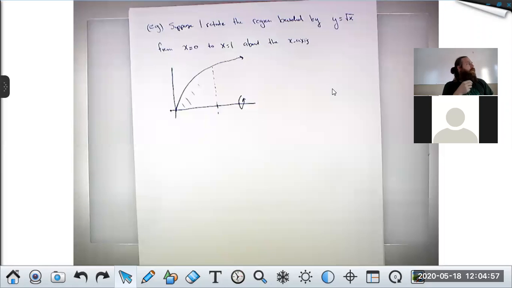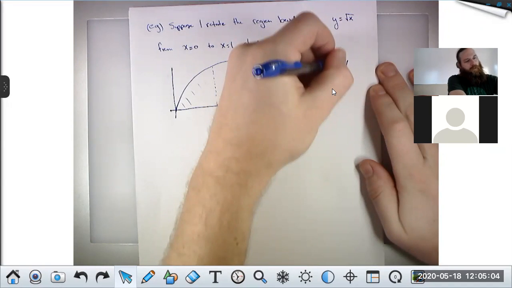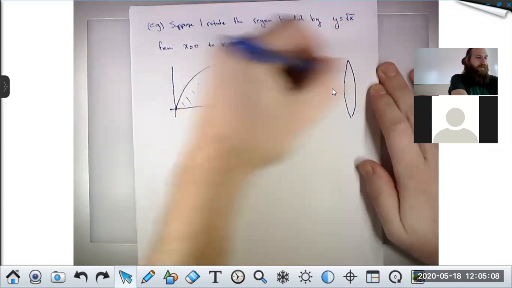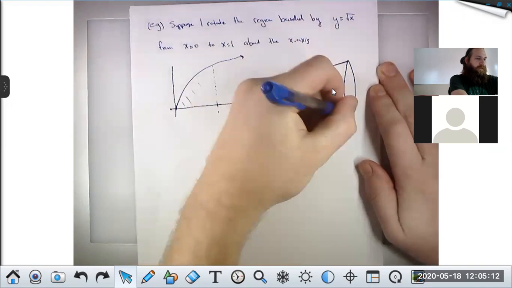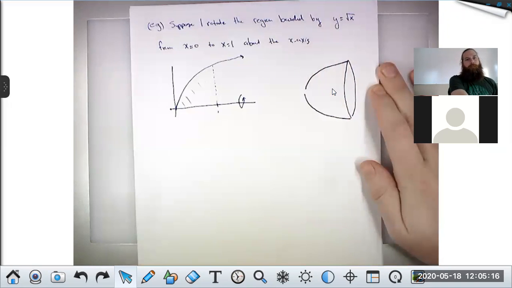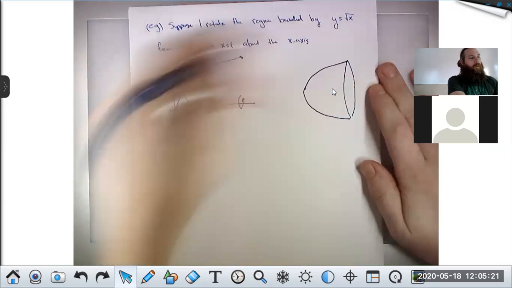It's a paraboloid, I think, is the name of the solid here. So you're going to end up with something that looks like this. Right? So here's my solid. I want to find the volume of this solid.